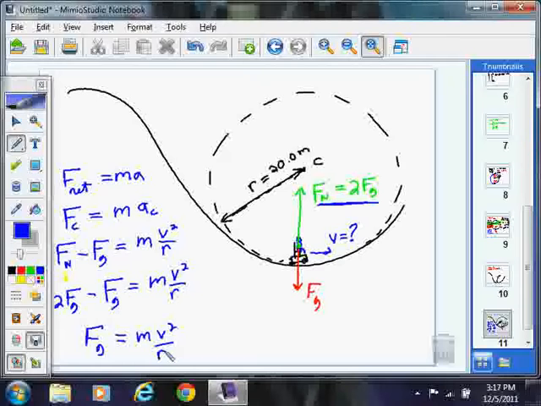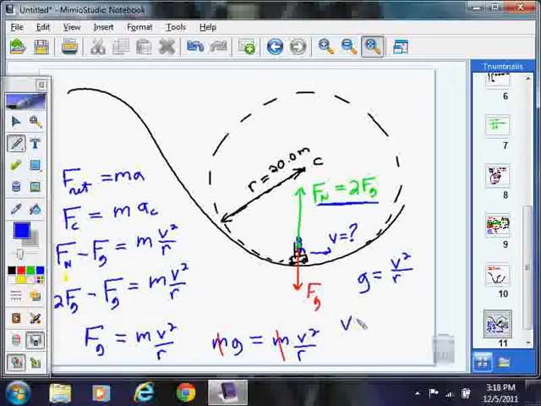Which I got down to mg equals m v squared over r. And what happens to the m's? They cancel out. So you're left with g equals v squared over r.